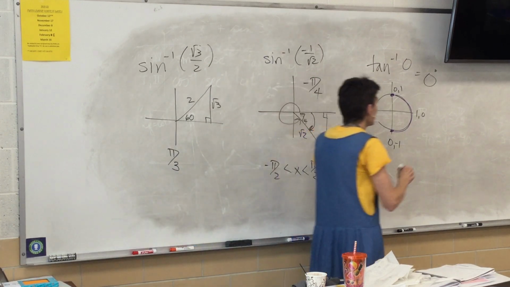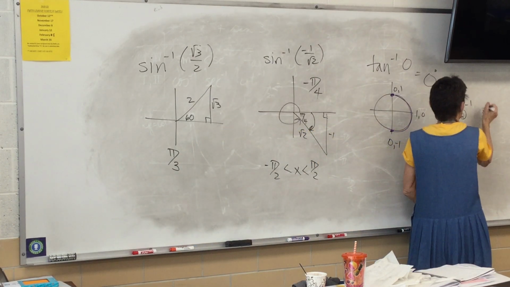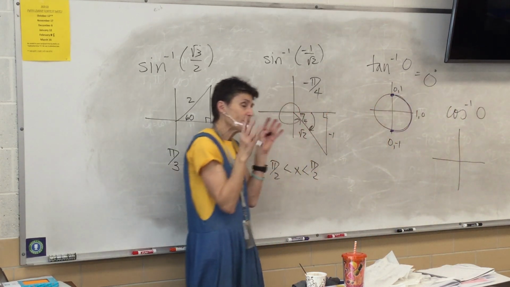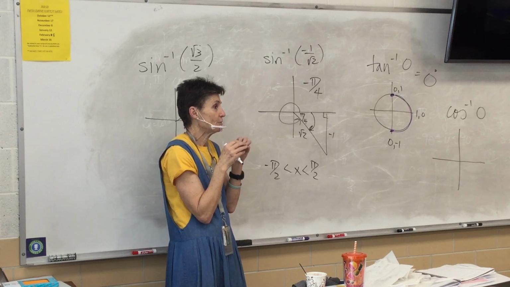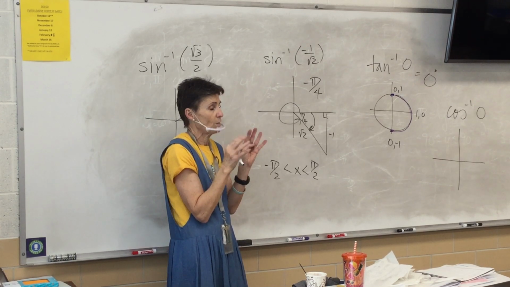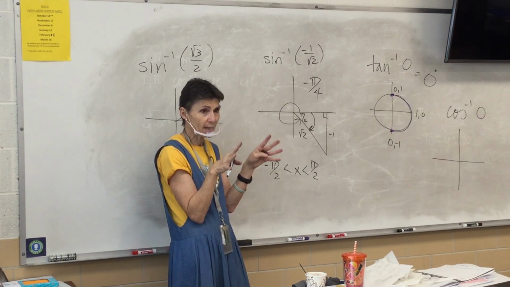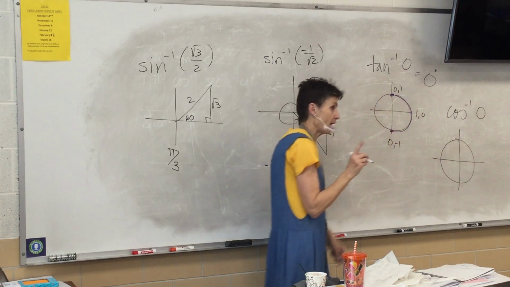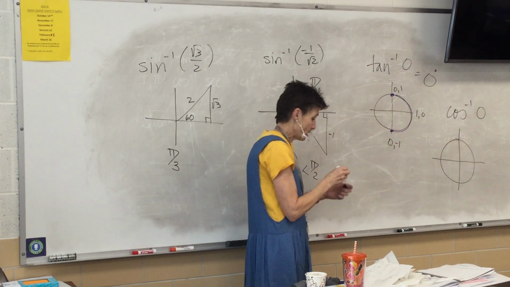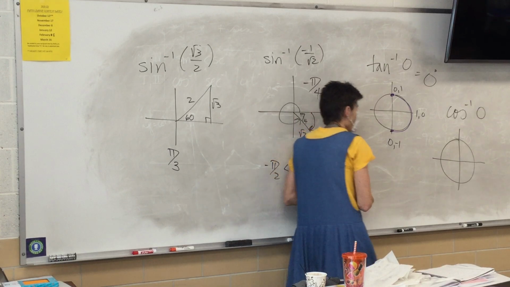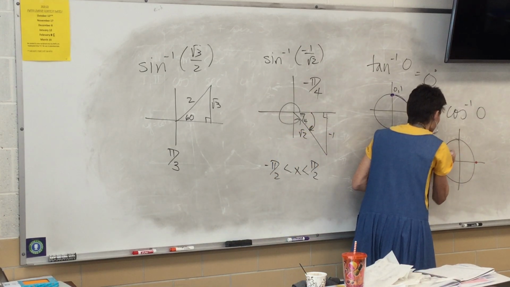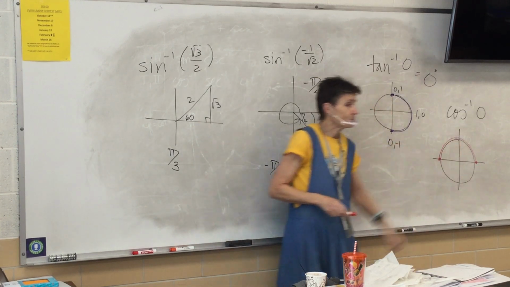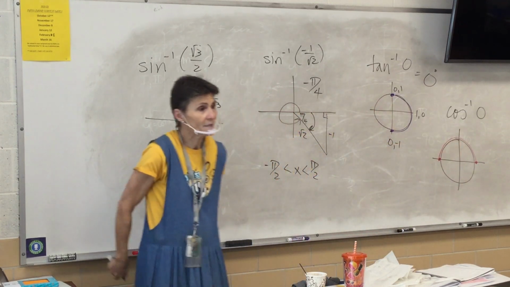All right, where is the cosine 0? Now again, you can think about cosine as adjacent over hypotenuse, but the adjacent can't be 0. So we're not going to think about it as a triangle. We're going to think about our circle. But this time, we are thinking about the top half of the circle, because the inverse cosine is between 0 and pi.